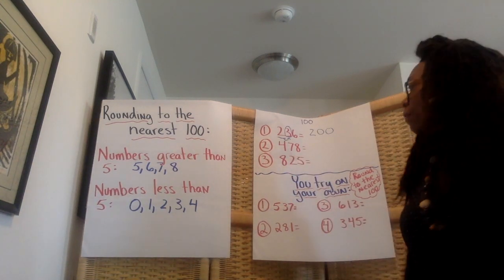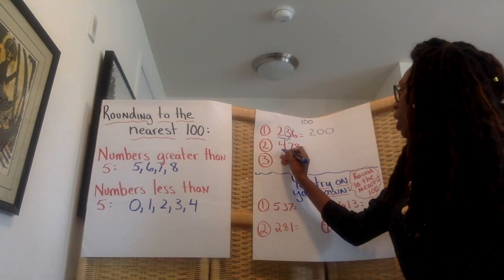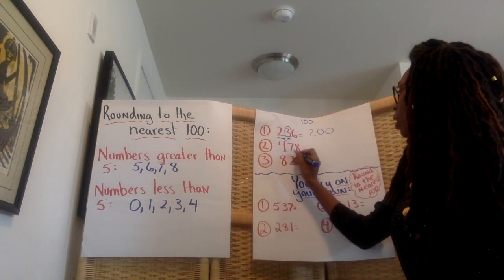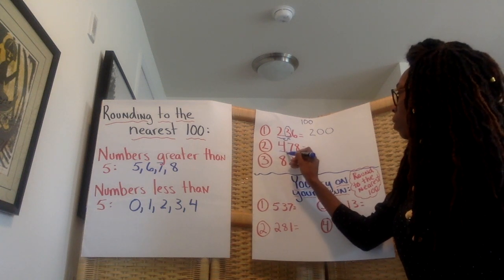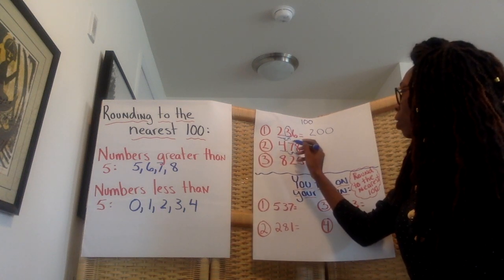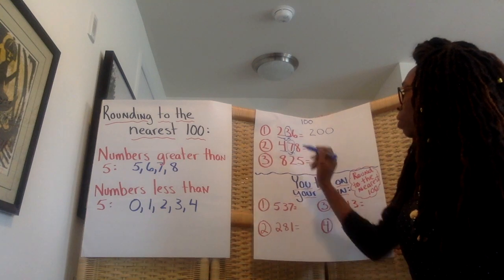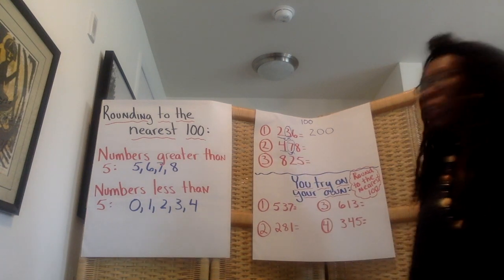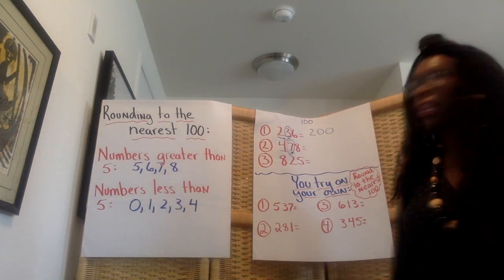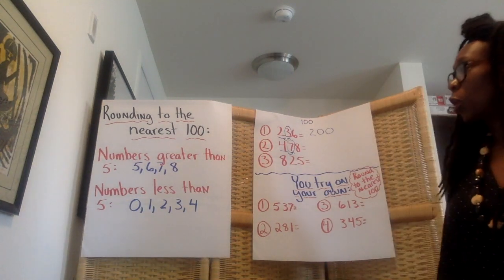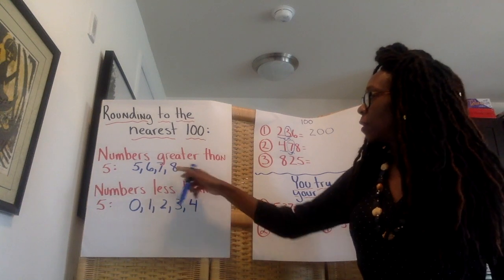For number 2, 478. The first thing I'm going to do is underline the 4, look to the right, do my arrow, circle the 7. So I want to know once again, is the 7 greater than 5 or is it lower than 5? So I will go back and look at my notes.